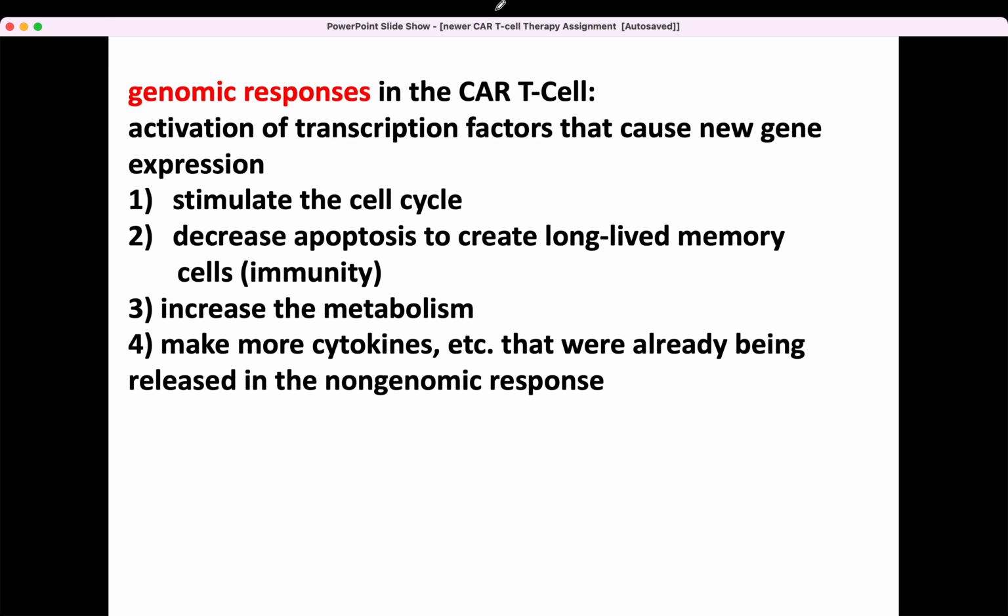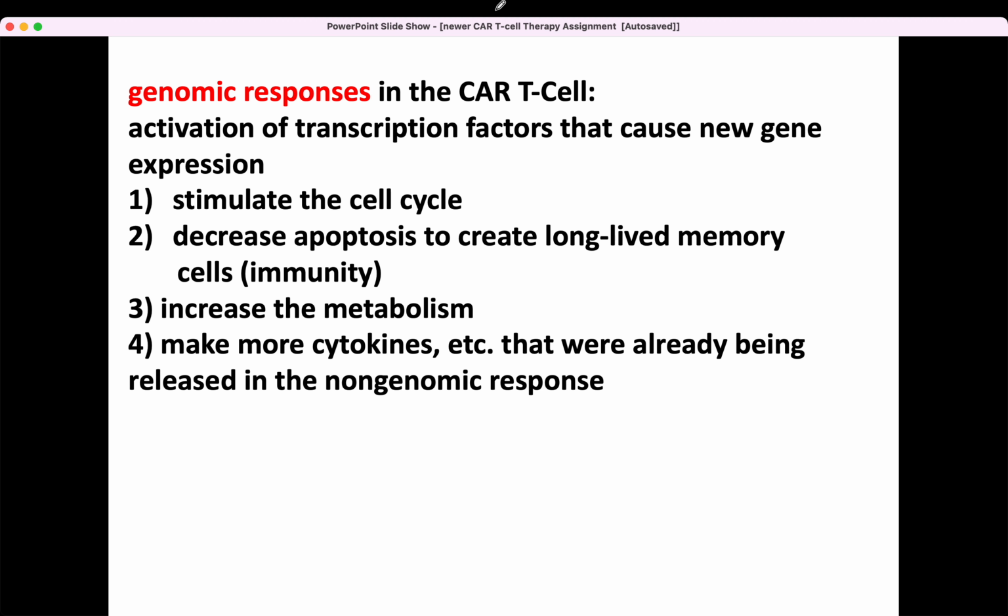So then genomic responses, that means we got to activate new gene expression. We got to activate transcription factors. And what we're going to do, these are good answers for the cell. When a CAR T cell gets activated, the transcription factors activate expression of genes that do what? Stimulate the cell cycle. So what does that mean? Go through start. Our very familiar thing. The T cell is floating around in the blood.